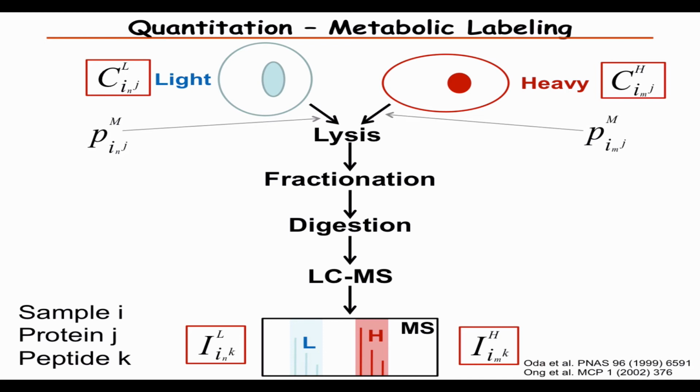It's usually a big difference. So what you end up with in the spectrum here is that you have one light isotope distribution and one heavy. Because of the isotope distribution, it's good to at least have a distance of 4 Dalton. Usually people use 6 to be able to separate the distributions properly.